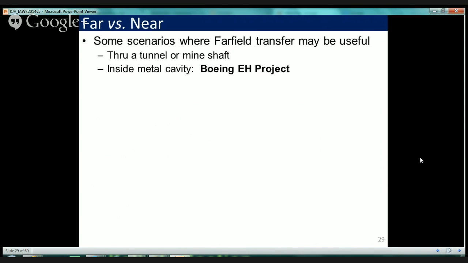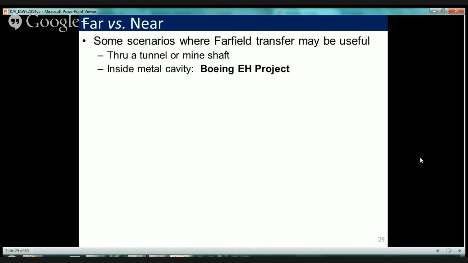We have also been working on power transfer within a cavity. If you have a transmitter sitting somewhere in a cavity, even a large metal cavity, you could have the waves getting bounced here and there, and finally reaching your destination. So I could have a very high efficiency of transfer through the space in between.